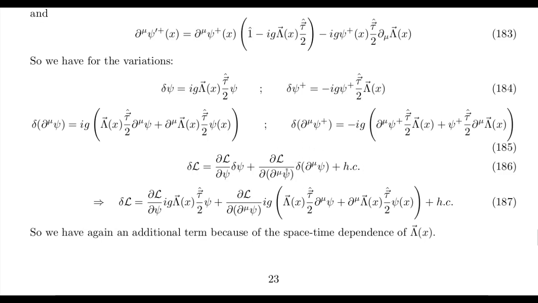If we now substitute the variations, we get this equation 187. The problem now is that we have an additional term, so the variation of the Lagrange density would not vanish.